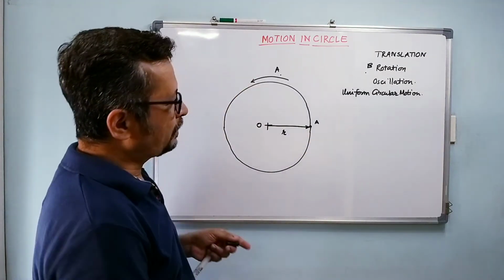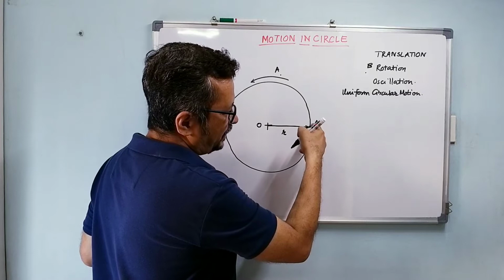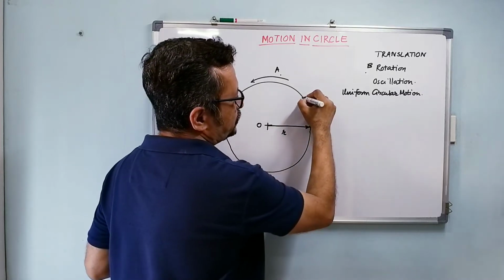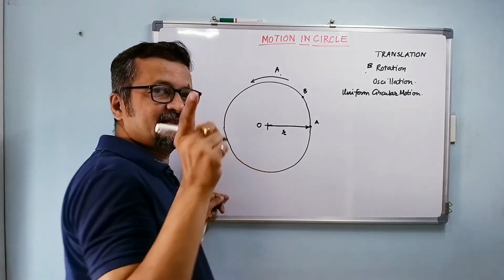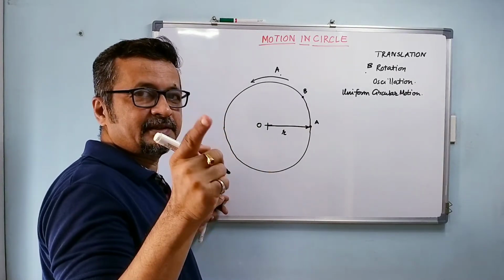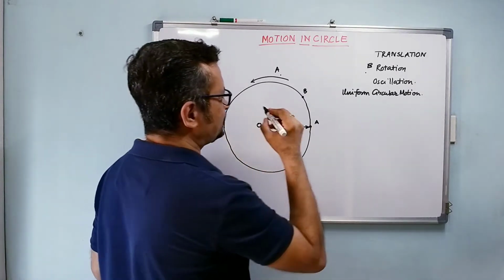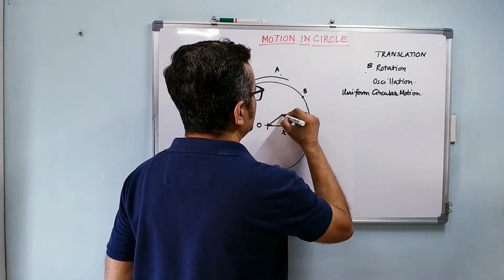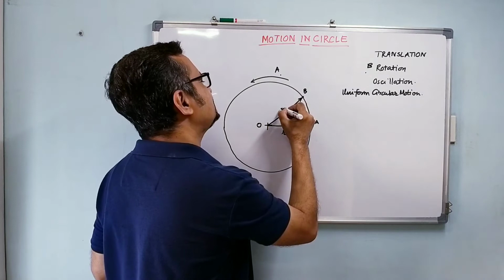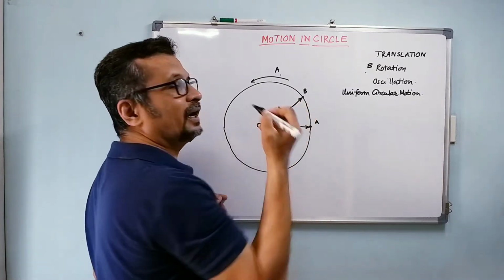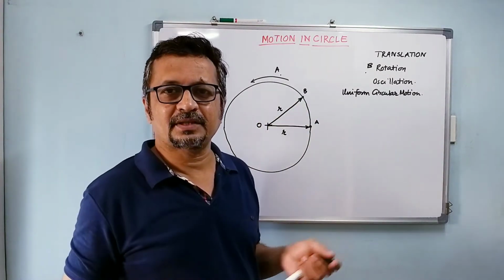Now when this particle from point A, suppose it moves to point B here, is the distance of the particle from the center going to change? The answer is no, obviously, because it is moving along the circumference of the circle. Correct. So this distance again is going to remain same, that is r.